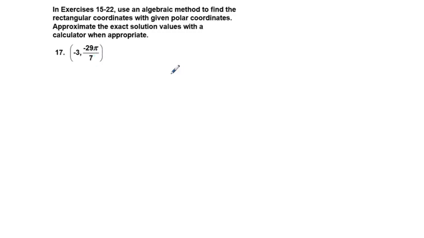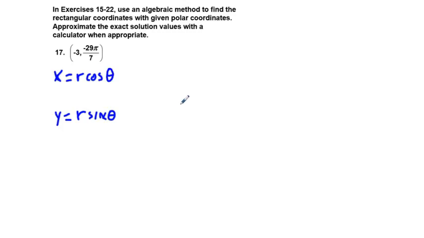We have this over 7. But the formula is still the same. We have x is equal to r cosine theta, and then we have y is equal to r sine theta.